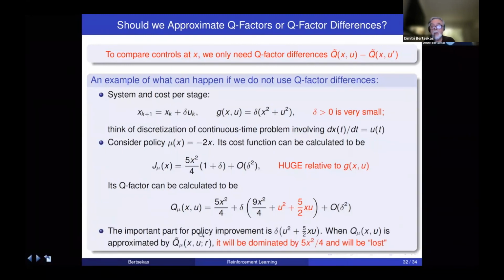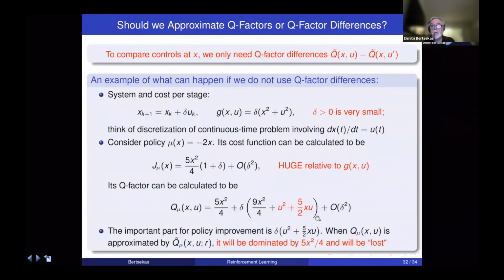So the important part from the point of view of policy improvement, remember that we minimize this expression here. Suppose we try to improve mu through our rollout, we use mu as a base policy, and we minimize here. Okay, that's fine if we use the exact calculation. However, when we take this Q factor and we approximate it with a Q tilde approximation architecture, like with a neural network, the neural network is going to try to mimic this part.